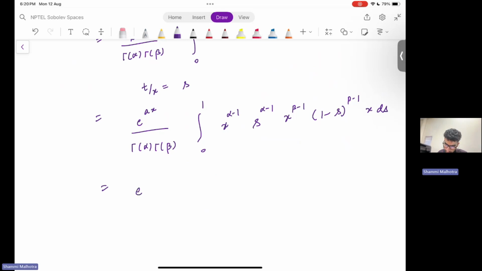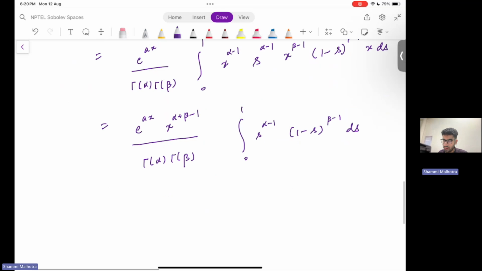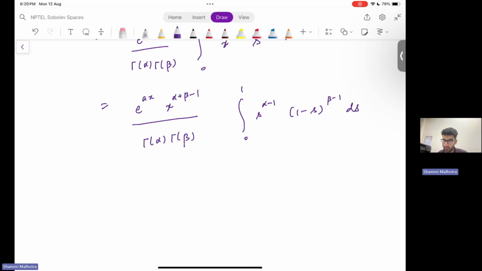This is nothing but e^(ax) x^(alpha plus beta minus 1) over gamma alpha gamma beta, integral from 0 to 1 of s^(alpha minus 1) (1 minus s)^(beta minus 1) ds. So this is nothing but the beta integral of the first kind.